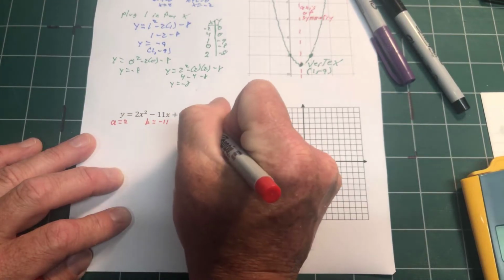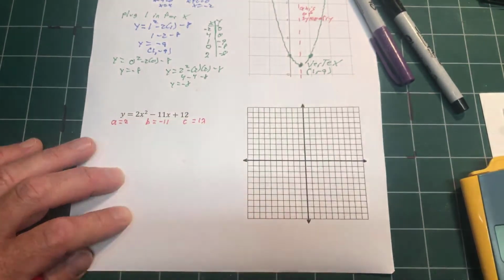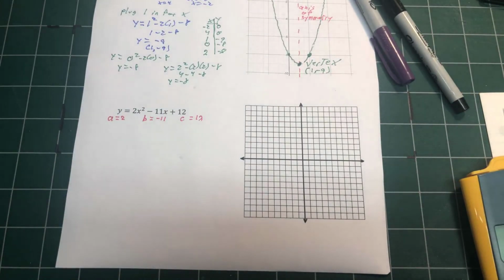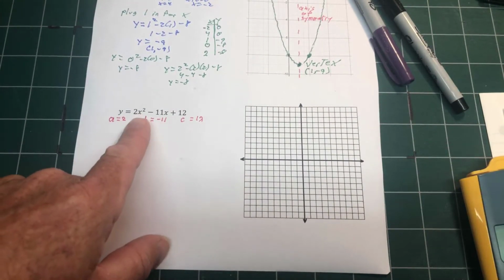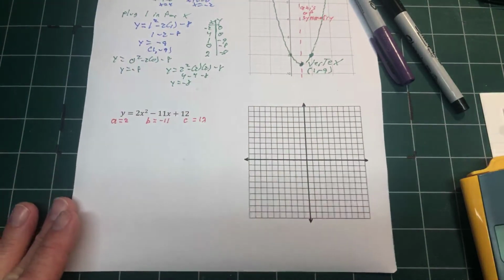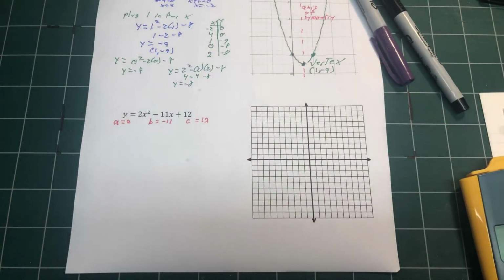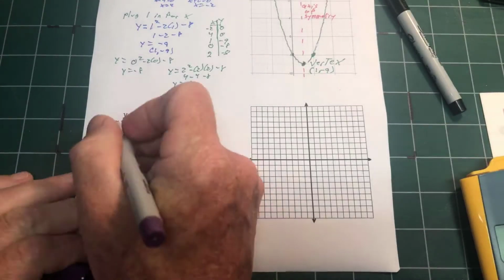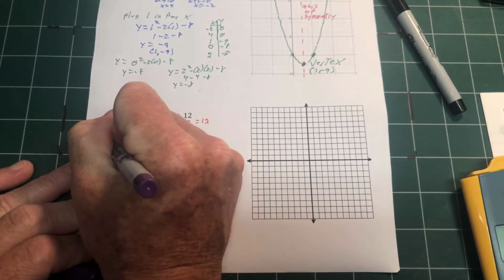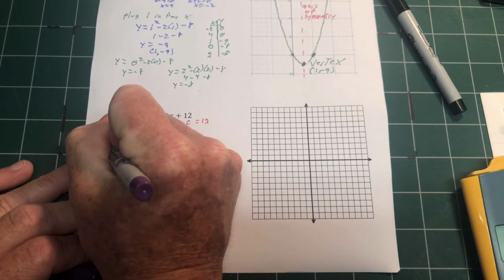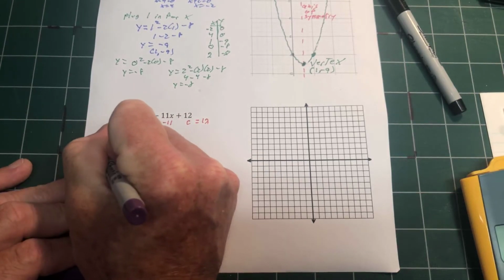And this is going to be a parabola. Parabolas have an axis of symmetry. If I can find that axis of symmetry first, I'm going to be able to graph this a little bit easier. Sure, I could factor it, find the zeros, and I'm going to do that. But the axis of symmetry is a line, x equals some number, right?